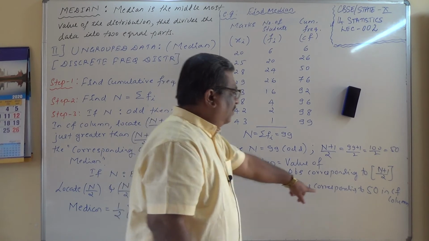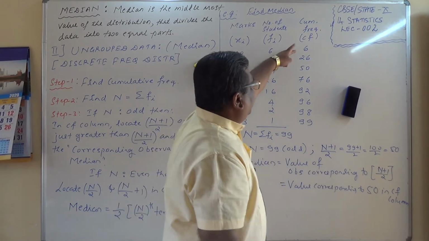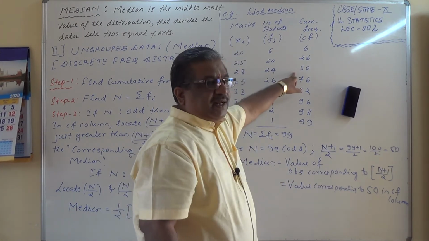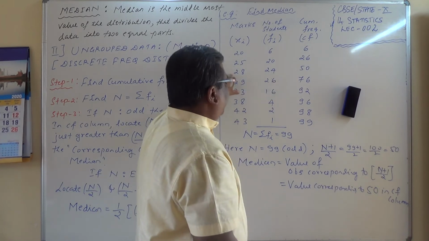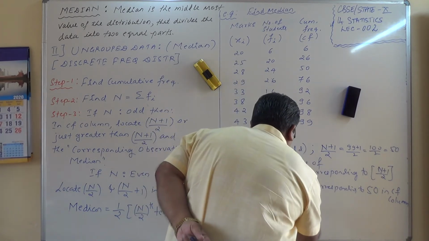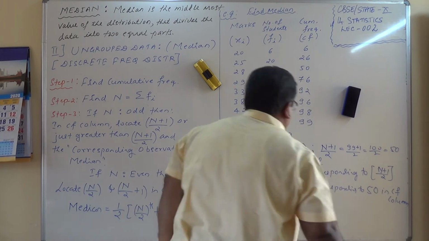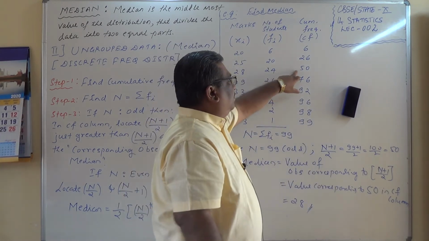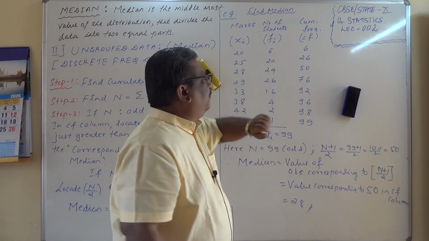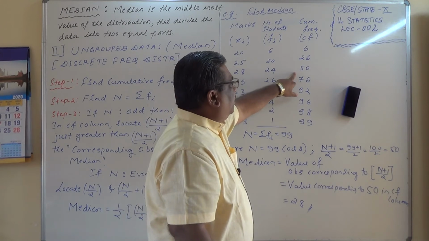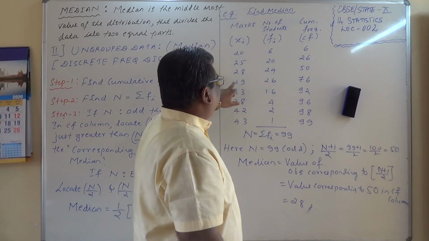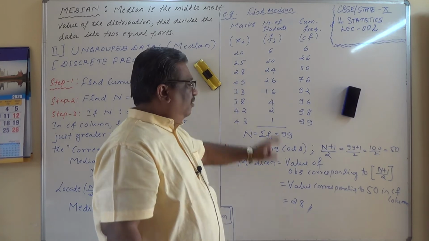Check here, is 50 available? Yes, 50 is directly available. What is that then? 28, and therefore the median is equal to 28. Suppose this is something like 52 or so, in that case just greater than 52 will be 76, and the corresponding observation is 29. In that case the median will be 29.